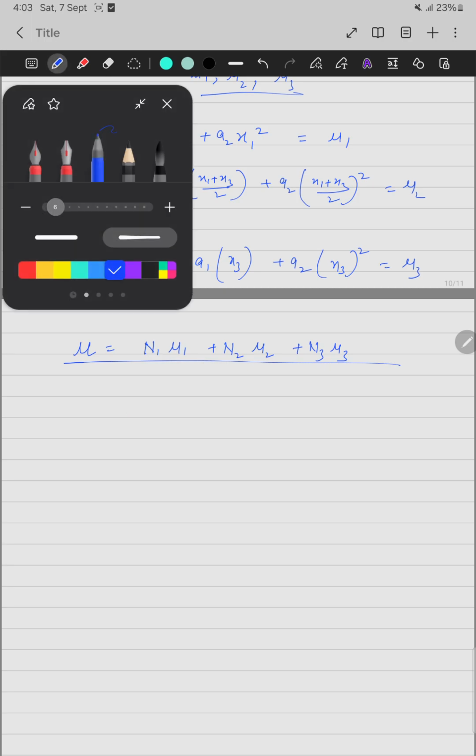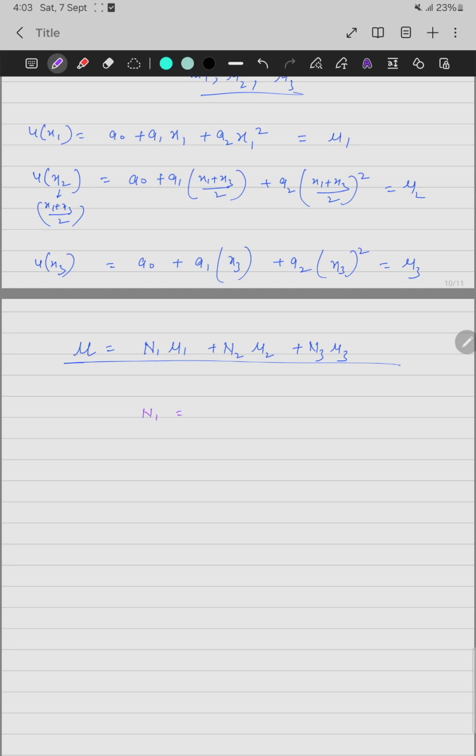Okay, so let me change the color. From here we'll get N1 as x3 minus x, times x1 minus 2x plus x3, divided by L square.